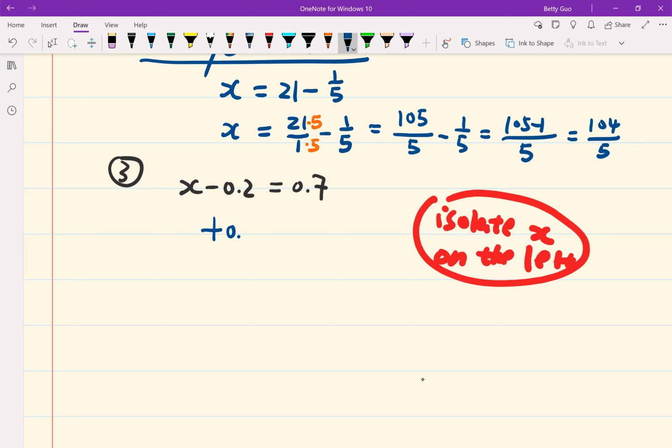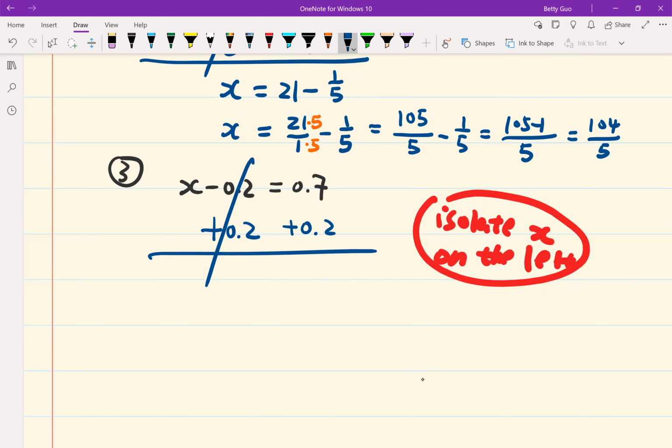Plus 0.2, right? We're gonna do the same thing to both sides of the equation. Think of it as a scale. If you only apply the treatment on one side, the scale will lose its balance. So whatever you do on the left, you do the same thing on the right. Then the scale keeps its balance.